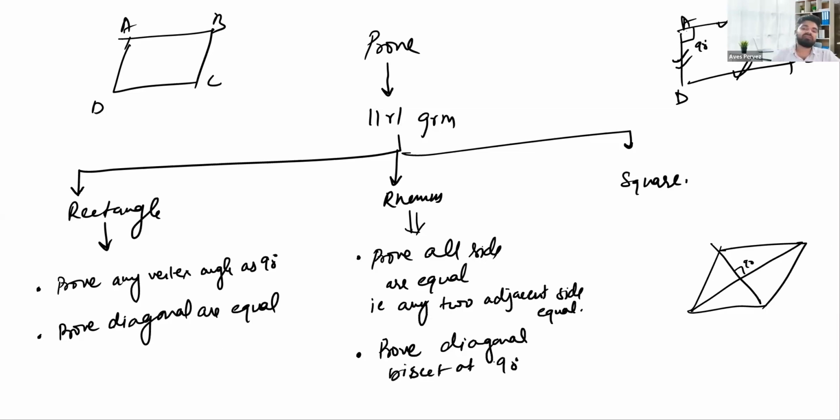If you have proved that the diagonals bisect at 90 degrees, then it will automatically become a rhombus.